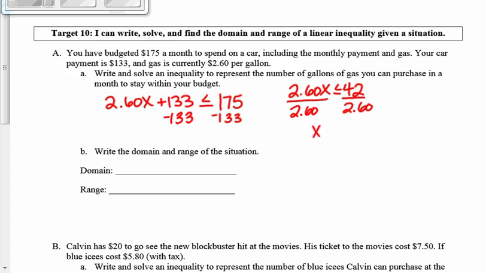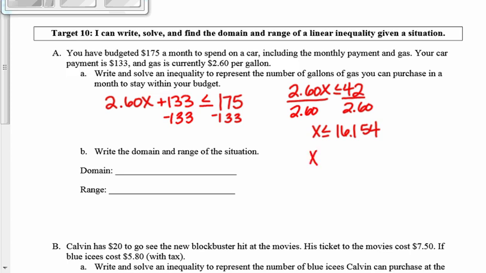And I get x is less than or equal to 16.154. Okay, so technically, in this situation, we could purchase 16.154 gallons of gas. But what we're going to do is round that down to the nearest whole number, which would be 16.